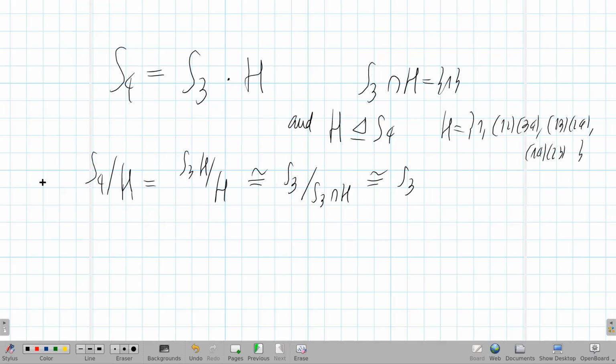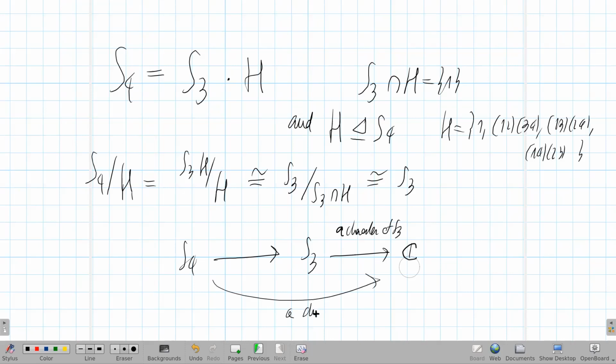And remember that if you have a representation or a character of S3, which is a function to C, then of course you can compose with the quotient map, because S4 over H is S3, and you obtain a character of S4.